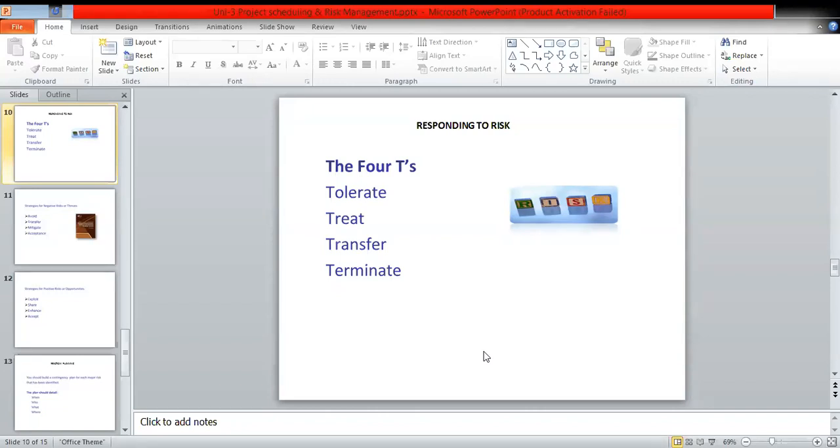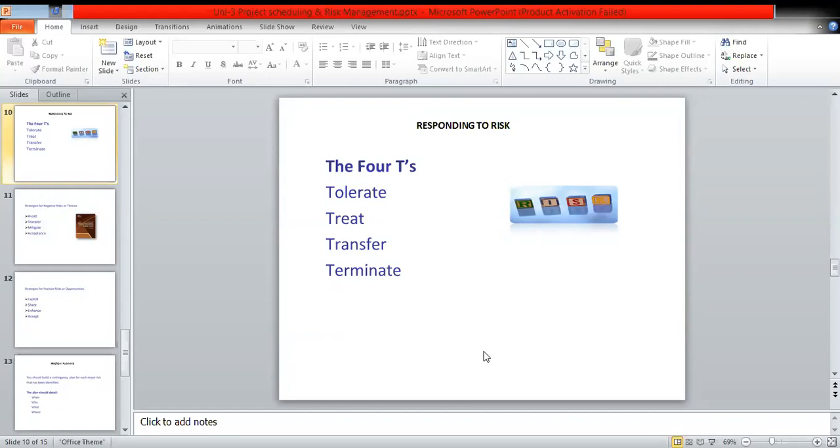I hope you understand the 4 T's of risk management, right? That is very important and asked in your examination: the 4 T's of project management, that is tolerate, treat, transfer and terminate. Got it?